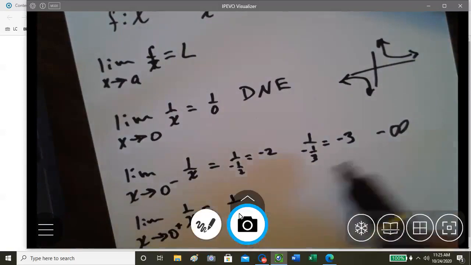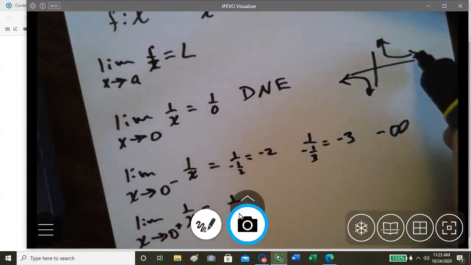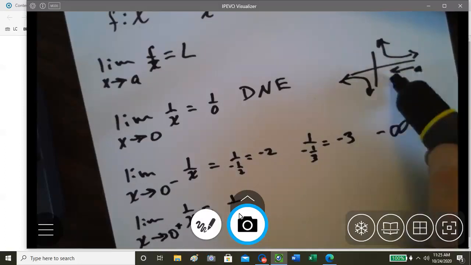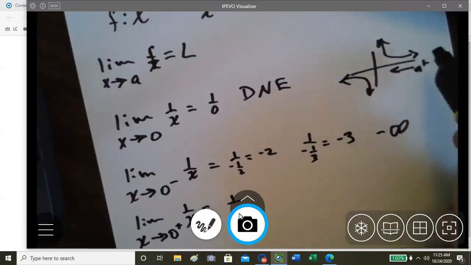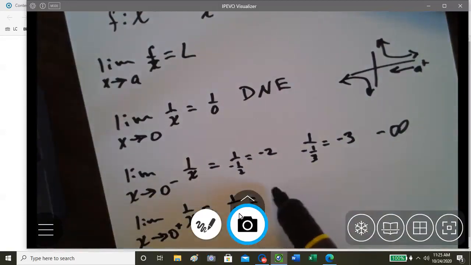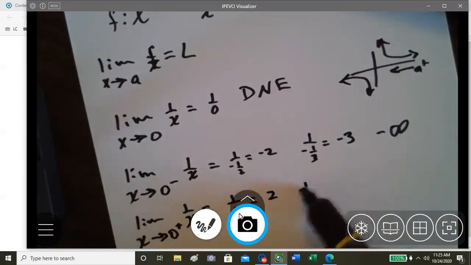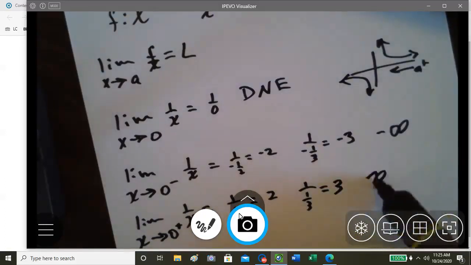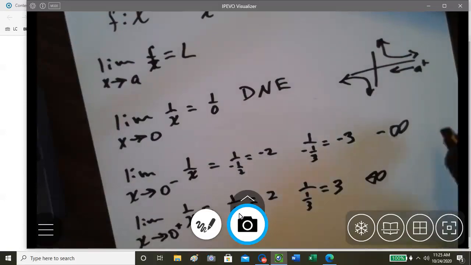As a approaches 0 from the right, you're going to get 1 over 1/2, which will be 2, or 1 over 1/3, which will be 3, and it keeps getting larger and larger. So that's going to tend towards infinity in the positive direction. So again, there's no limit there too.